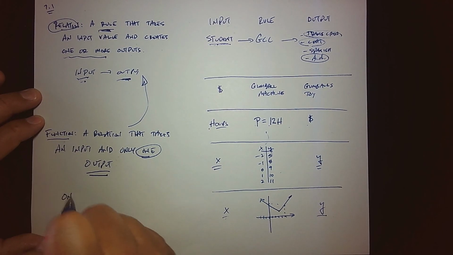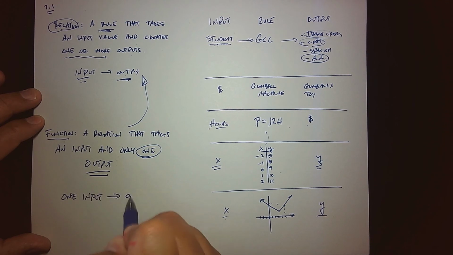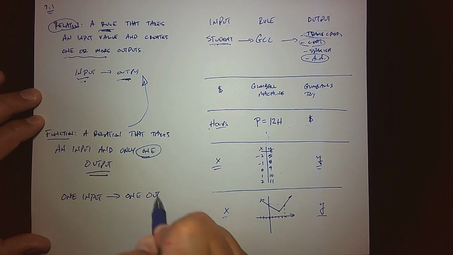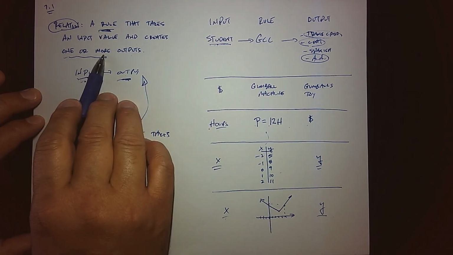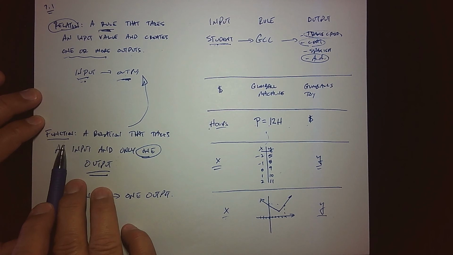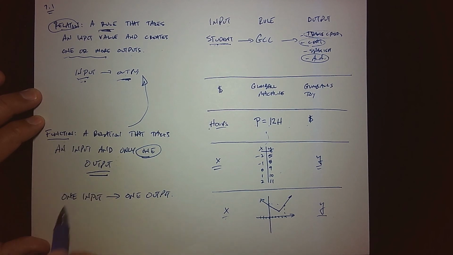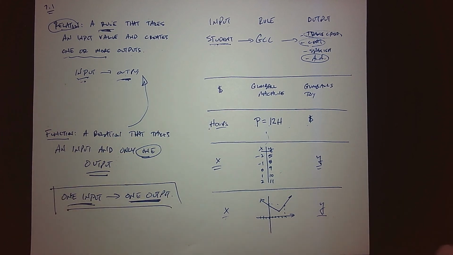So basically what I like to say to really nail it down, one input creates one output. So a relation in general, you can have one or more things coming out, but a function is very, very specific. You put one thing in, you're going to get one exact thing out. One thing in, one thing out. So if I had to paraphrase the definition for a function in just one simple statement, that's it. One thing in, one thing out.